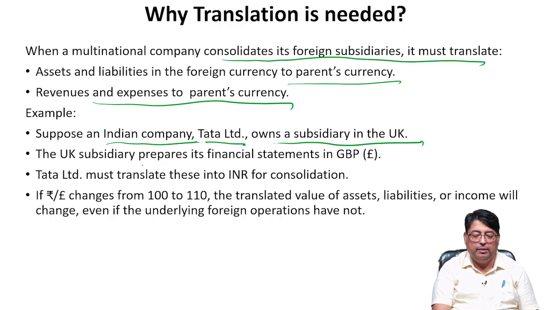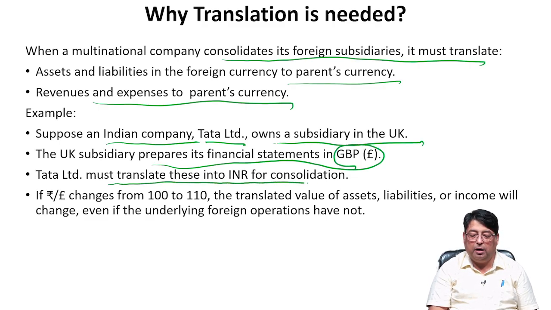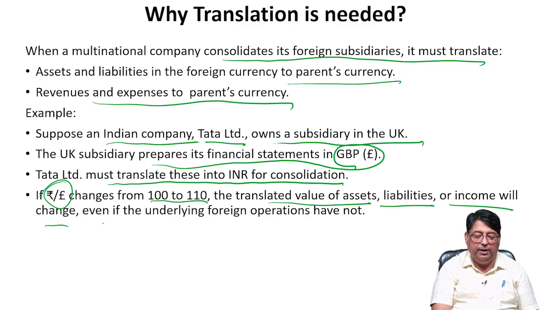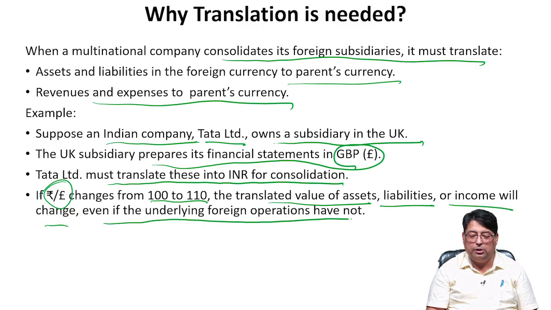The UK subsidiary prepares its financial statements in Great British Pound. Tata Limited must translate these into INR for consolidation. So, if the rupee-pound rate changes from 100 to 110, that is, the Indian currency depreciates against the pound, the translated value of assets, liabilities or income will change even if the underlying foreign operations have not.